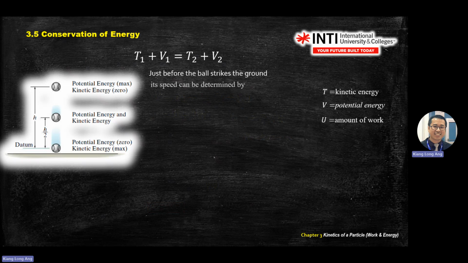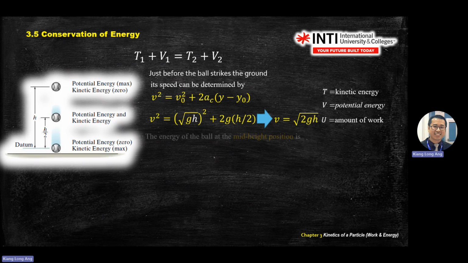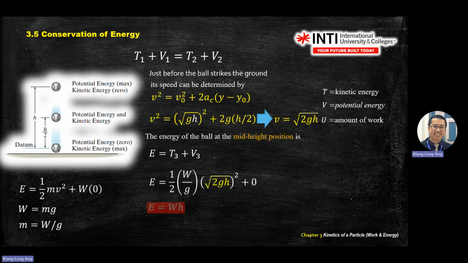You do the same for the last one. At the last position, kinetic energy and velocity are maximum, and potential is 0 because h is 0 at the datum here. Again, you use the Newton equation, v squared equals something, and you find the velocity here. At the end, you arrive at the same formula, E equals mgh.